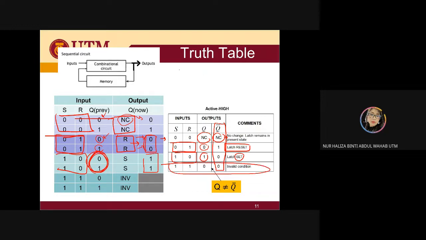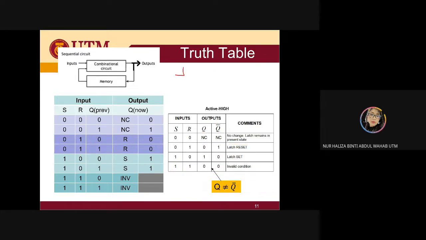Okay, now let me give you a very simple example. Let's say this is my S and this is my R. Okay, we have 0, we have 1, we have 0, 0, 0. We have 0, 0, 1, 0, 0. So what is our Q? We need to check this table without looking at our previous output.